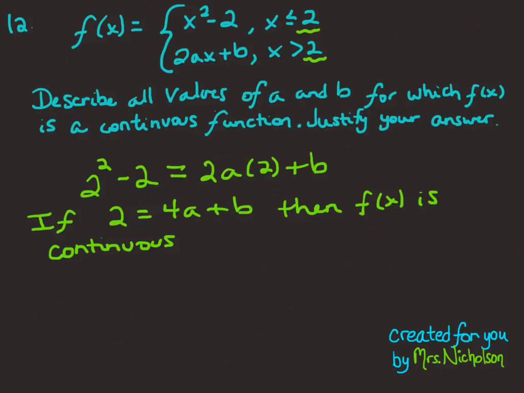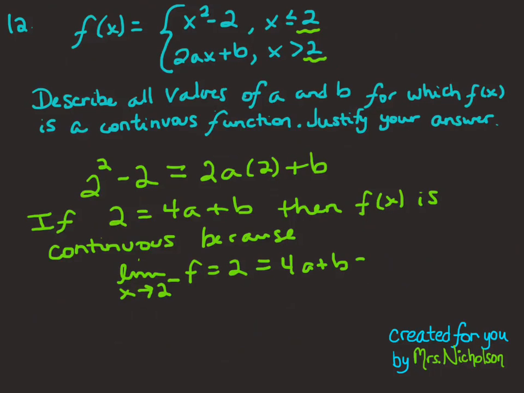F of x is continuous because anytime we are proving continuity, we need to include three things. Because the limit as x approaches 2 from the left would be equal to 2, which would be equal to 4a plus b, which would equal the limit from the right.